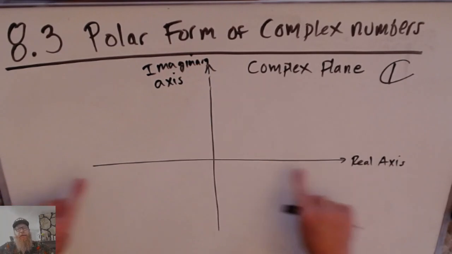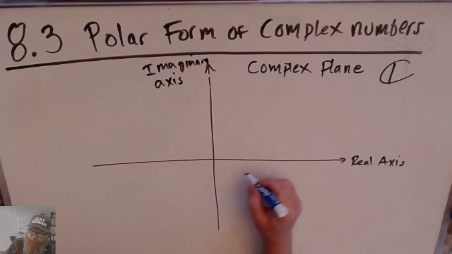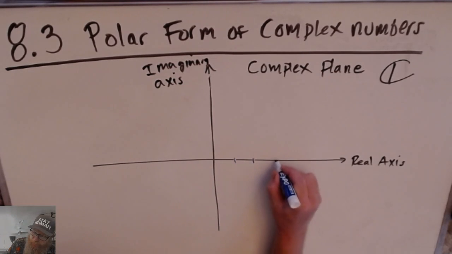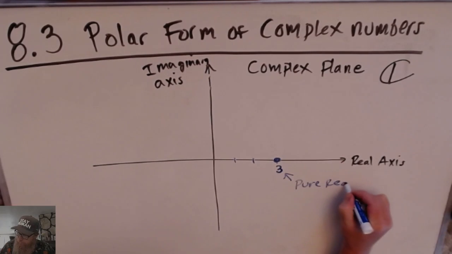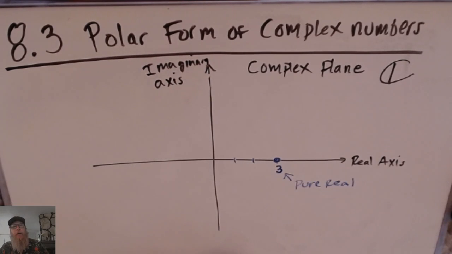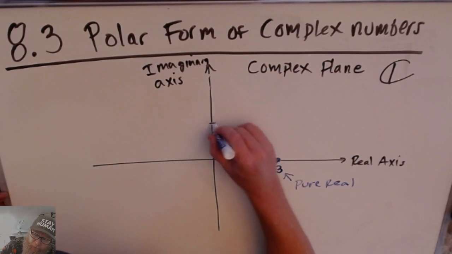So any number that lives on the real axis is a purely real number. Something like that. This would be a pure real number. But a number that lives on the imaginary axis, well, it'd be pure imaginary.